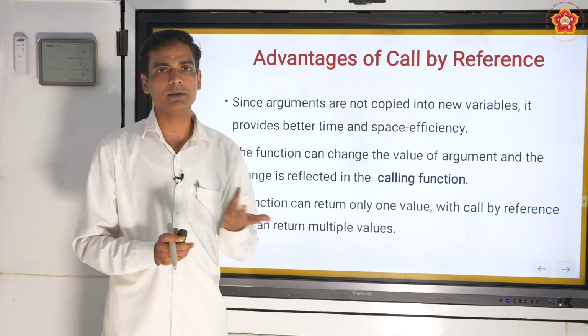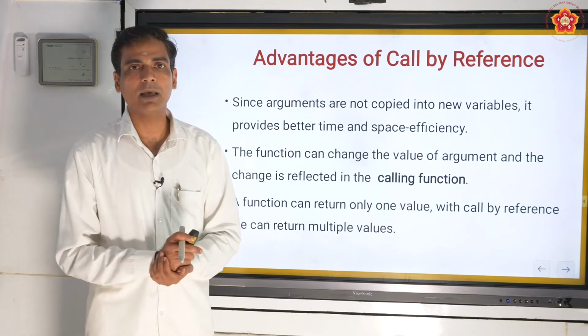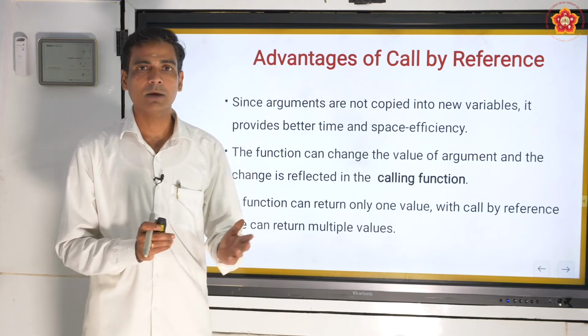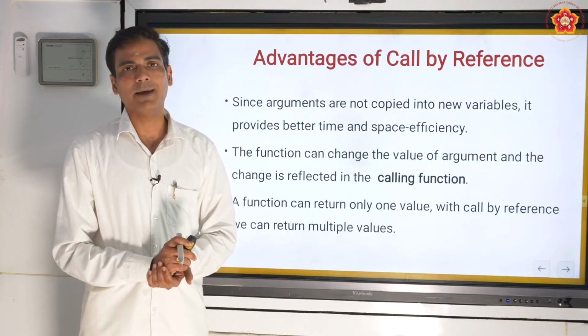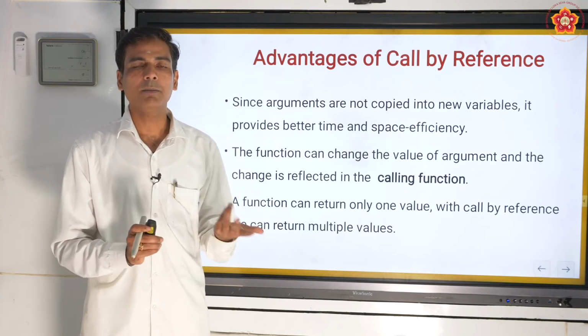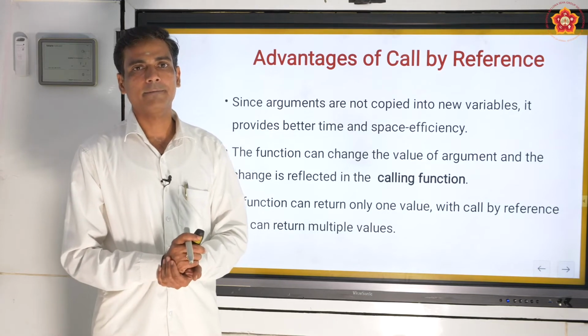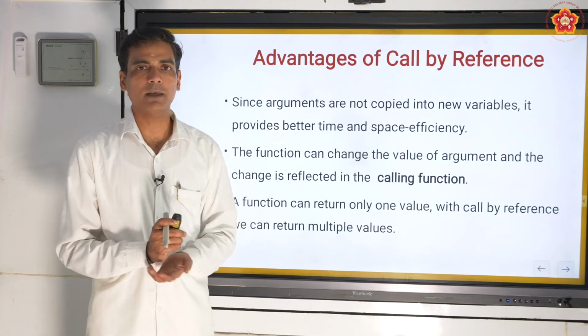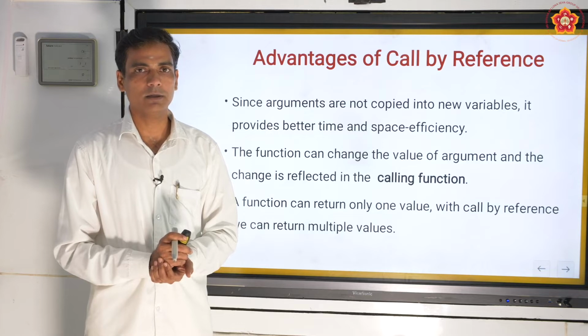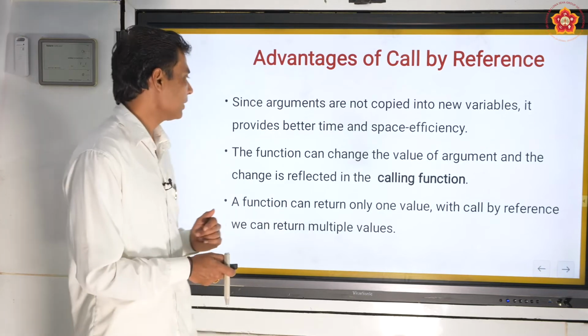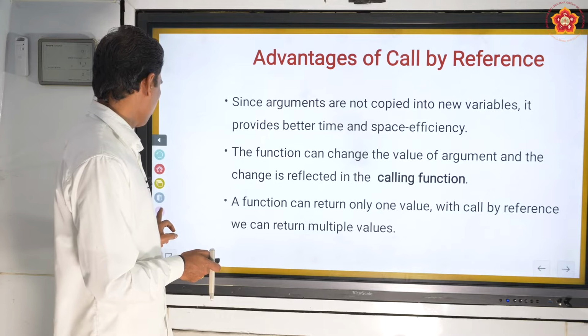Yes, we have seen that a function has only one return statement, but with call by reference we can return multiple values, because we can create multiple aliases for the original variables, the actual variables in the calling function. One example I would like to give here.